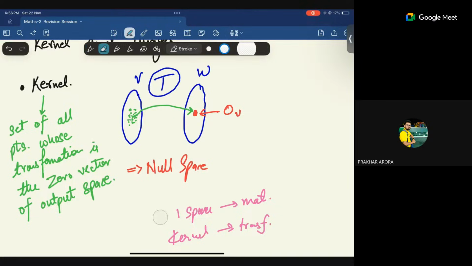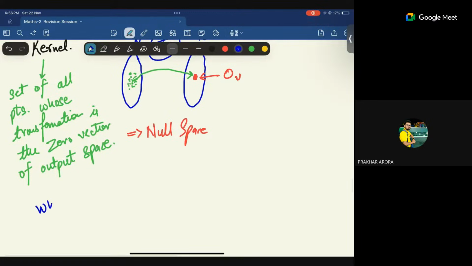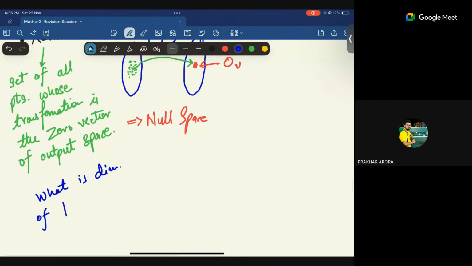And the question that can come here is, what is the dimension of the kernel? That is simply the nullity. Now you know the reason why. Understood? This is kernel.